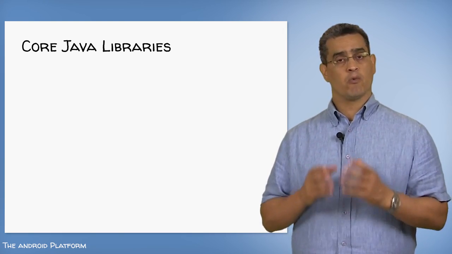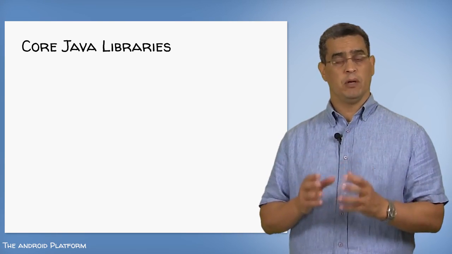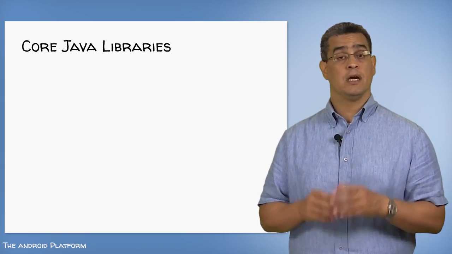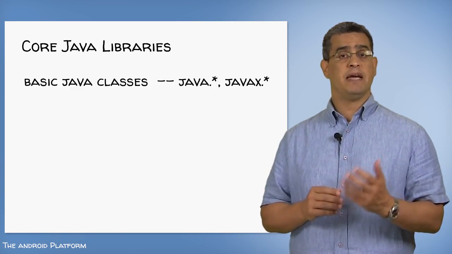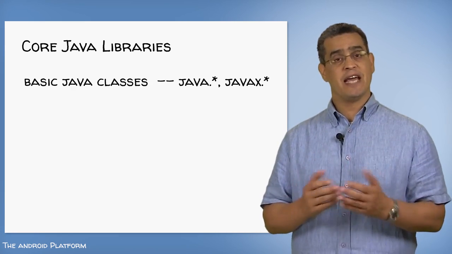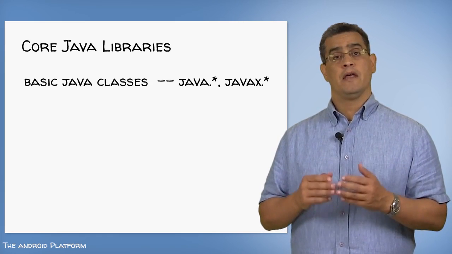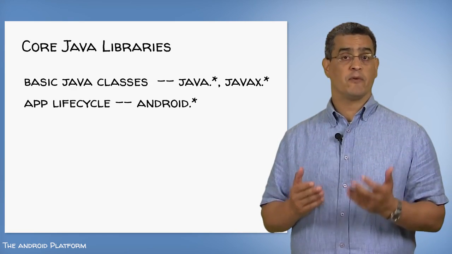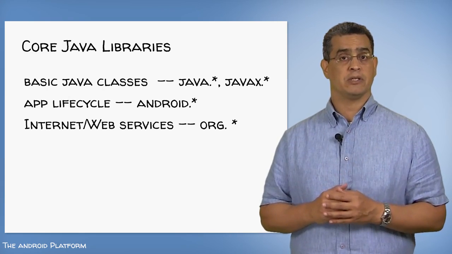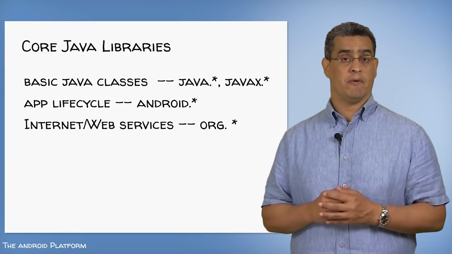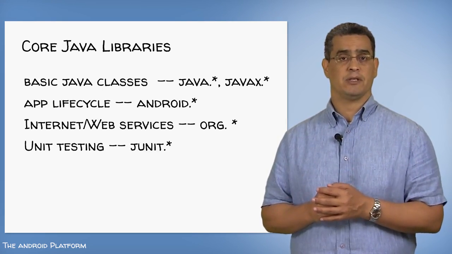And to make it easier to write applications, Android provides a number of reusable Java building blocks. For instance, the Java and JavaX, or Java extensions, packages include basic software for things like common data structures, concurrency mechanisms, and file I/O. The Android packages have software that's specific to the lifecycle of mobile applications. The org packages support various internet or web operations, and the JUnit packages support the unit testing of applications.